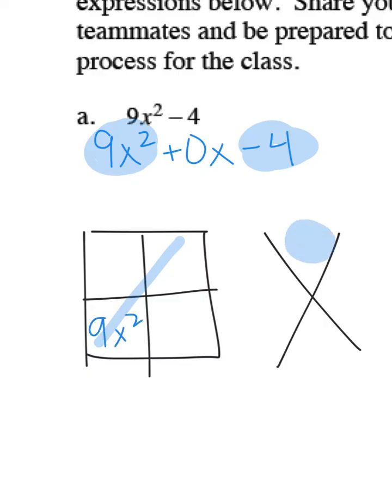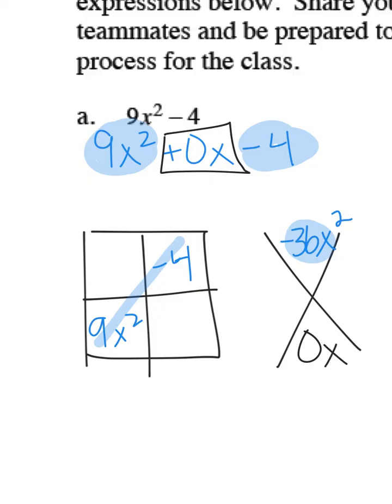If I multiply those, I get negative 36x squared. Then the opposite diagonal will multiply to that as well, but I also have to combine the like terms and have it add up to 0x. So I'll put 0x in the bottom of my diamond problem.